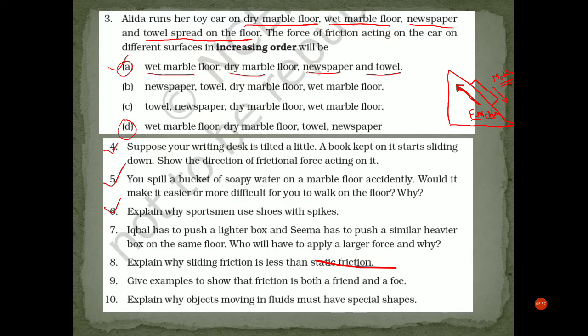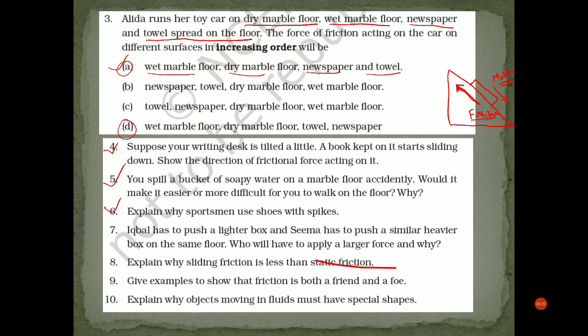I hope you know that. So friction depends on the weight of the object or how hard the two objects are pressed. So when Seema is pushing, her box will have larger friction by the ground because that box and the ground will be pressed harder. Therefore, Seema has to put larger force than Iqbal.